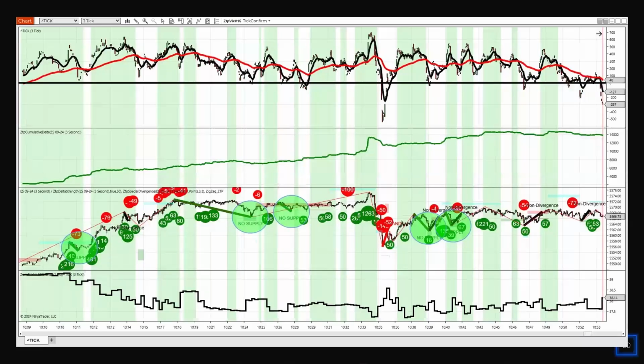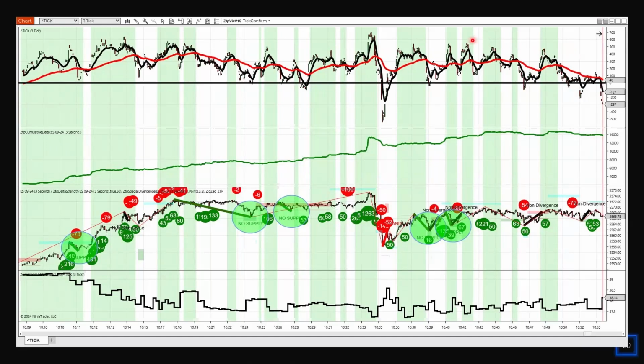This is my tick chart from this morning, so it's kind of interesting. It's my second most important chart. Again, it's showing me where the tick is living. We see the tick was basically above 0 the entire 10 o'clock hour.